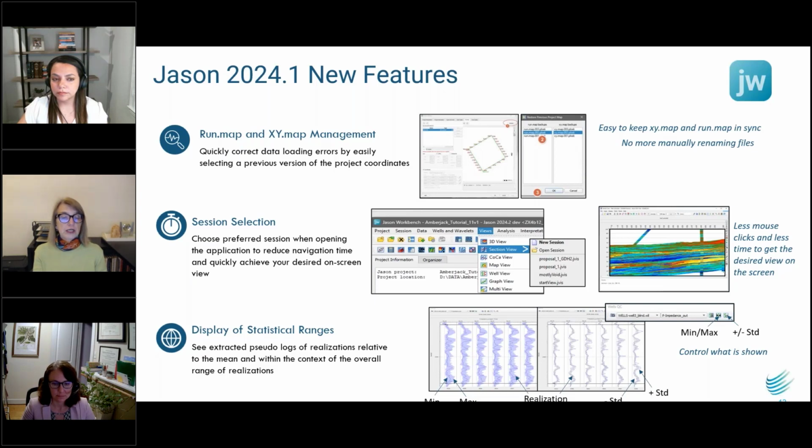So if you've already run rock rank and have a couple of realizations that you're leaning towards, and you want to see how they compare within the entire range of the results, you can see that using this min-max that shows the entire range, and the standard deviation plus or minus of the realization that you're looking at.